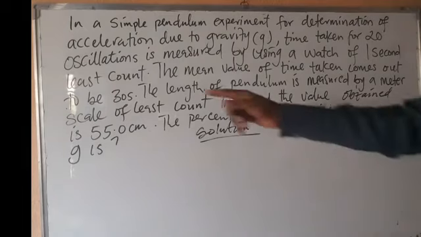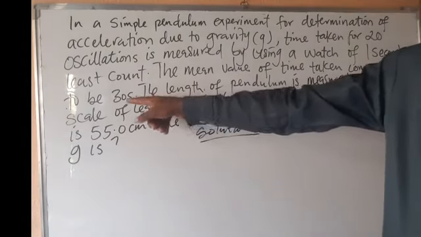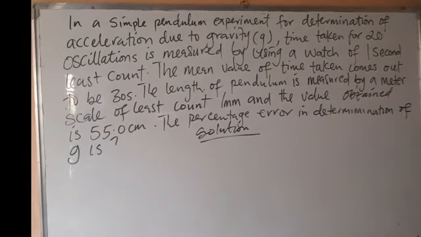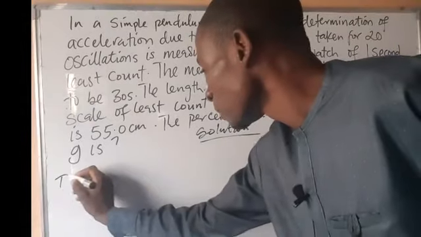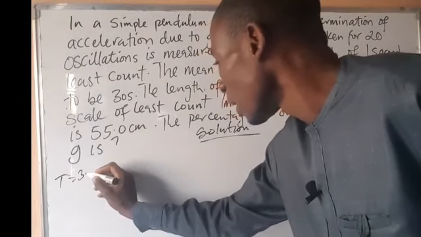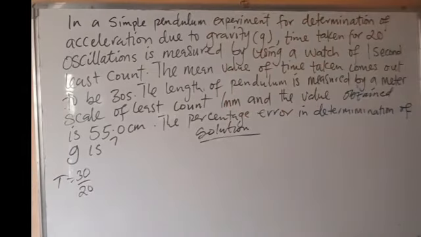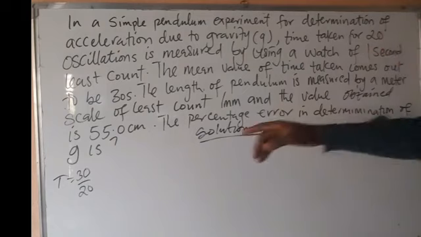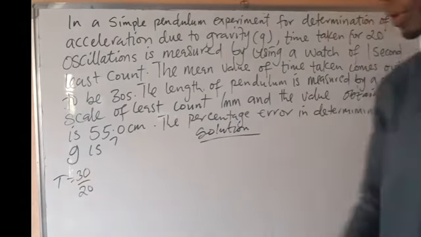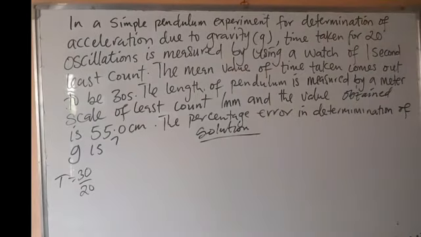Now the mean value of time is 30 seconds, and that is for 20 oscillations. So T is equal to 30 over 20, because the period is the time taken to complete one oscillation. You can see the number of oscillations is 20 and the time is 30, so to obtain the period, we must divide by 20.